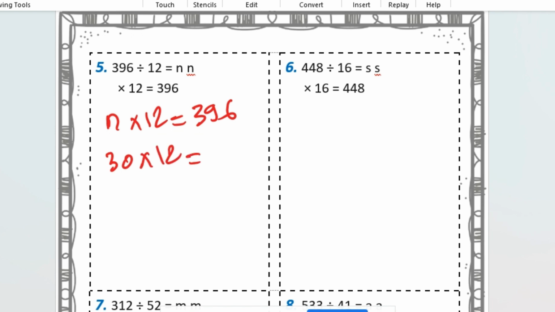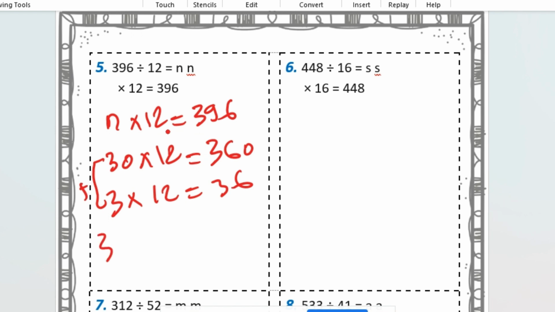30 times 12, so 3 times 12 is 36, so it's 360. Okay, 396 minus 360 is 36. So 3 times 12 equals 36. Now we add these two together.